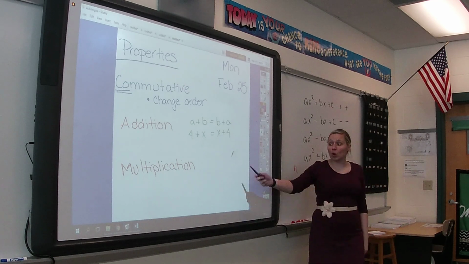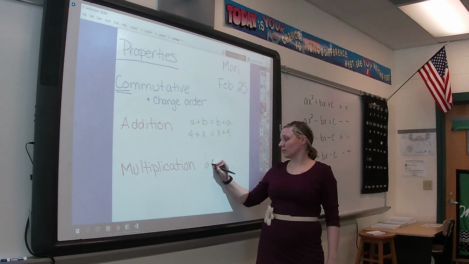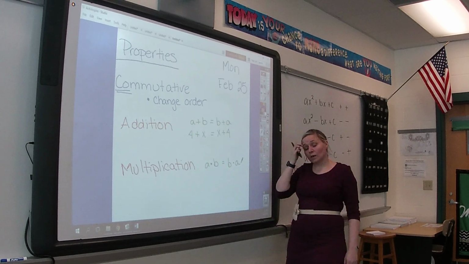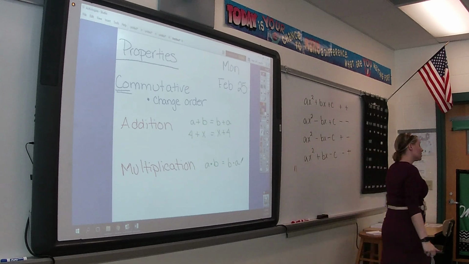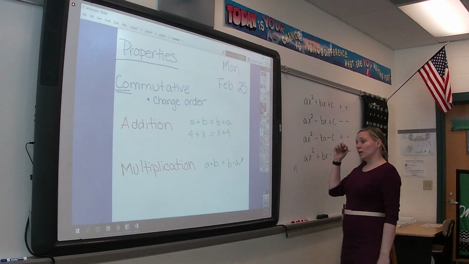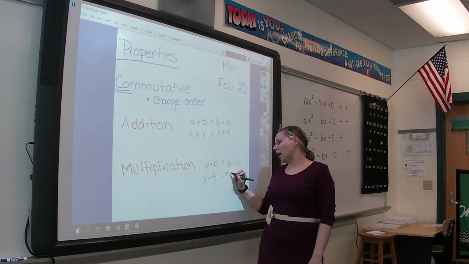Okay, same way for multiplication, just different symbol. A times B is the same thing as saying B times A. Right, we wouldn't see something that says x times 4 very often.